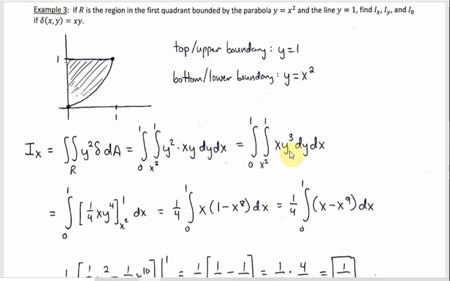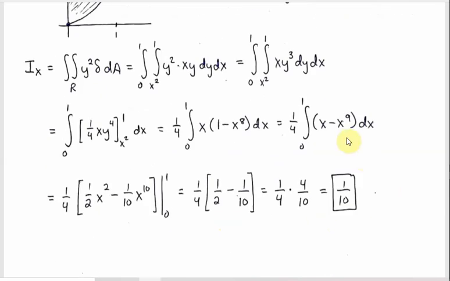That's going to be a 1/4 xy to the 4th. I pulled the 1/4 out front, and eventually you end up with x minus x to the 9th. That's not too bad to integrate, and that's a 4/10 in there. So you ultimately get 1/10 as the moment of inertia about the x-axis.